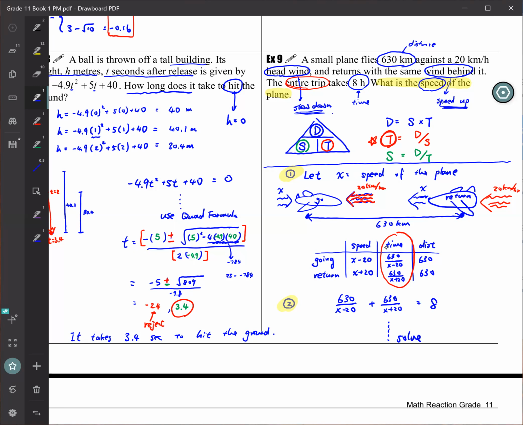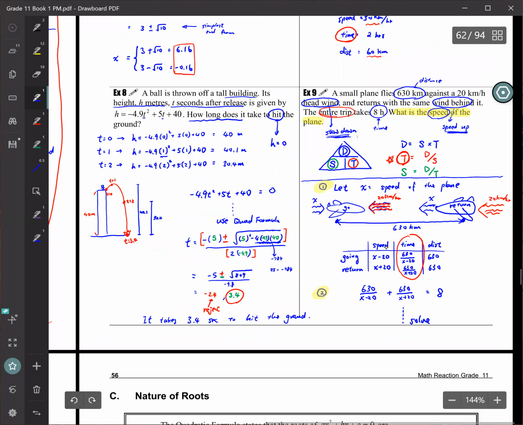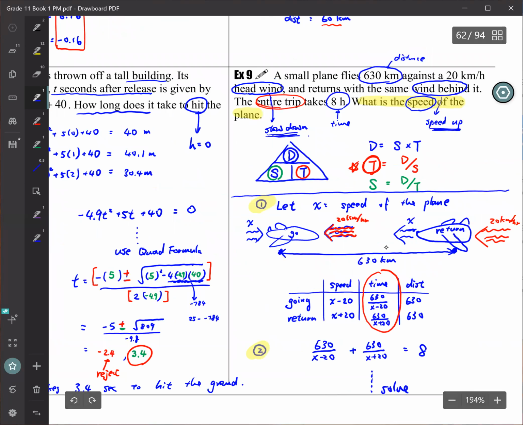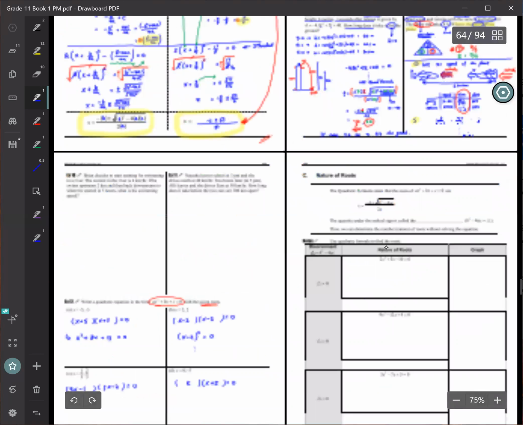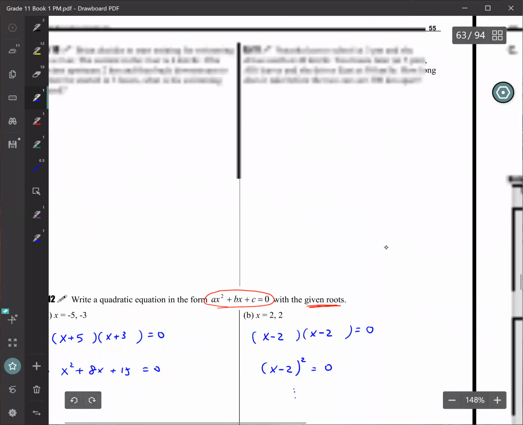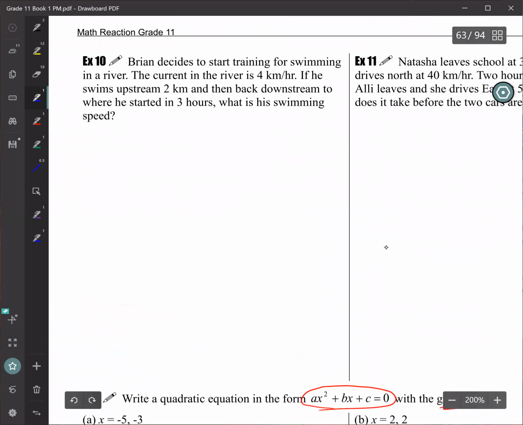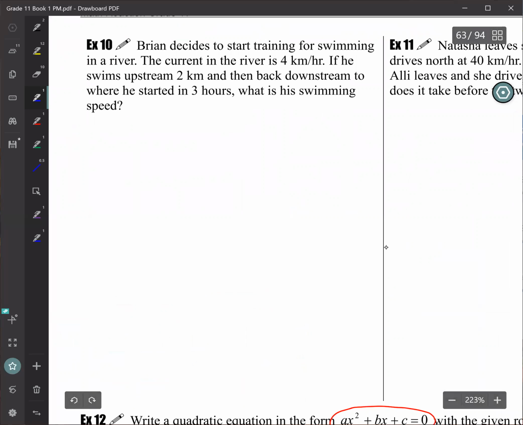Okay, because the next one will be on your own. So question 10, I would like you to do step 1 and 2. Get the equation by yourself. Okay, so you guys try it. Question 10.